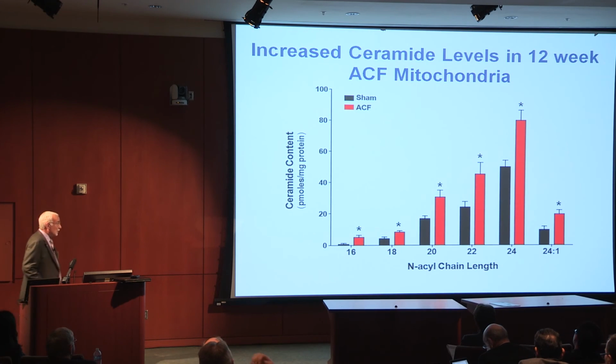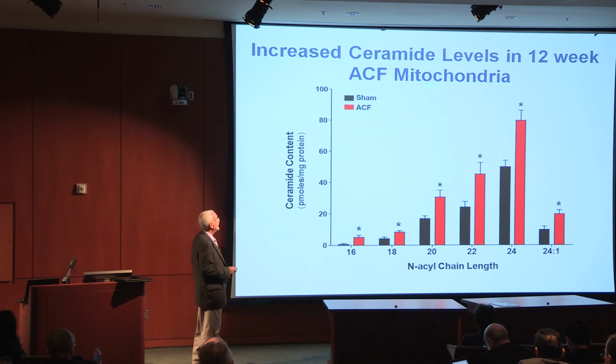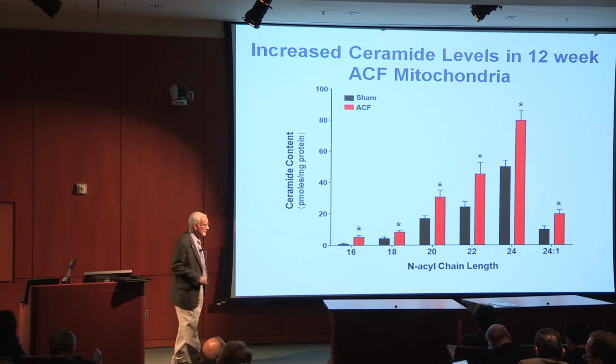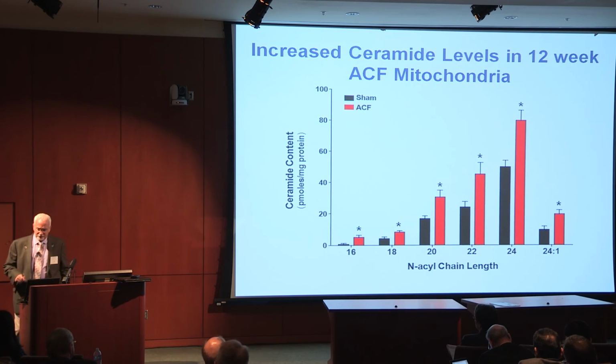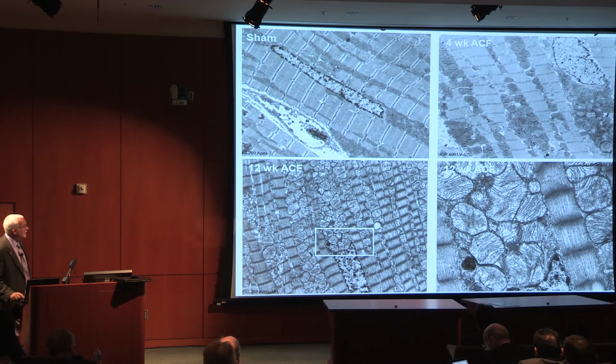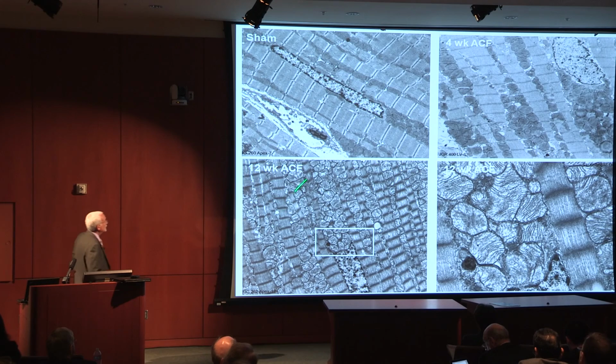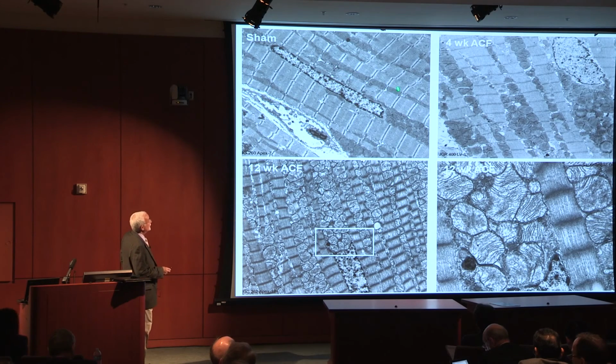And then also, looking at mitochondria from a 12-week ACF mitochondria, you see an increase in ceramide, which also, I think, is related to the increase in adrenergic drive, such that when we start looking at the transmission electron microscopy in a normal rat, beautiful I-band, nice sausage-shaped mitochondria, this is what we start seeing.